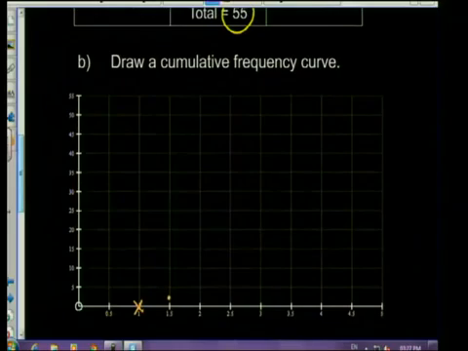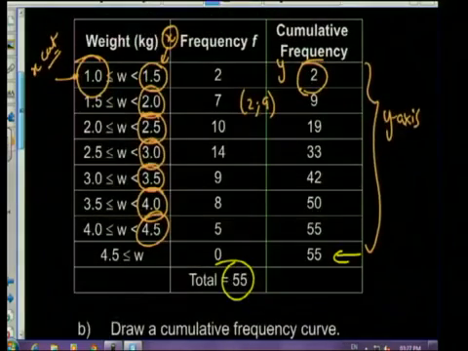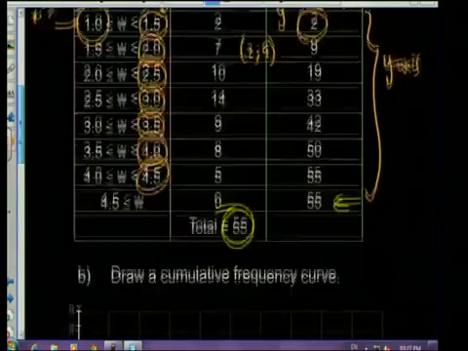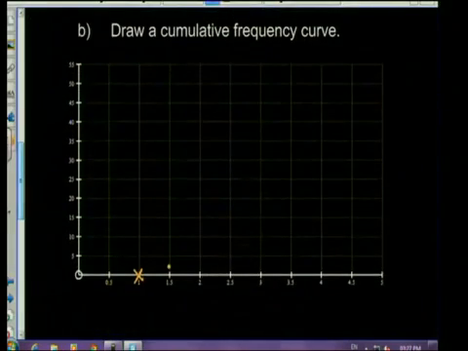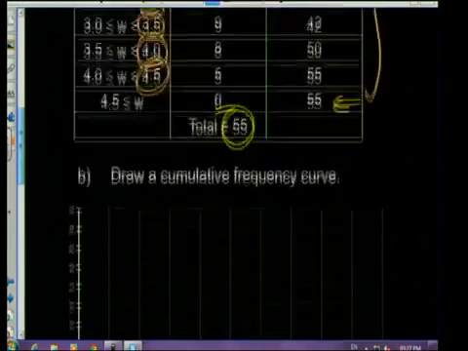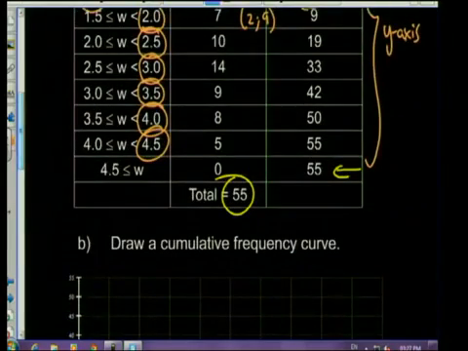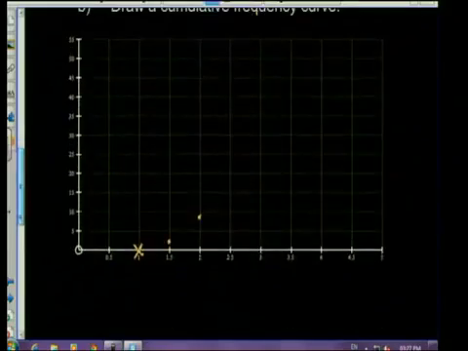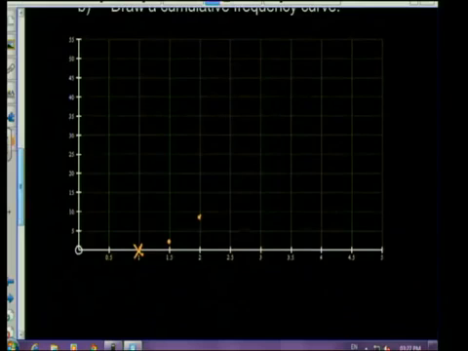So I would be over there. Let's go back up and plot another point. So when x is 2, y would be 9. Endpoint of the x against the cumulative frequency. So I'm at (2, 9). When x is 2, y is 9. Then let's keep going. When x is 2.5, y is 19. x is 2.5, y is 19.